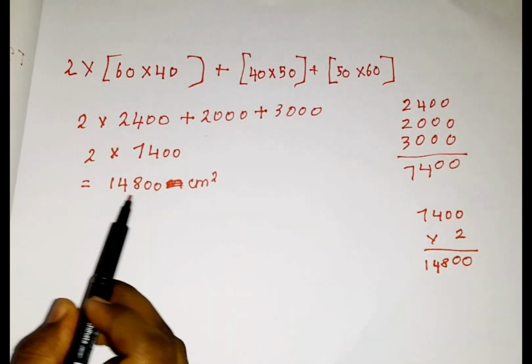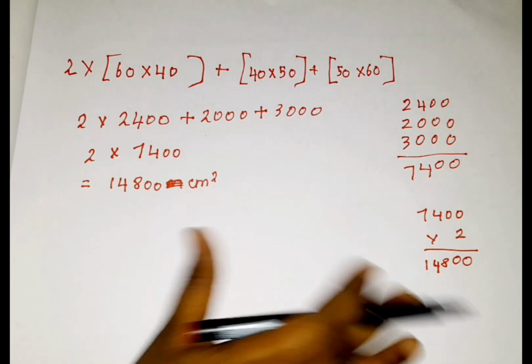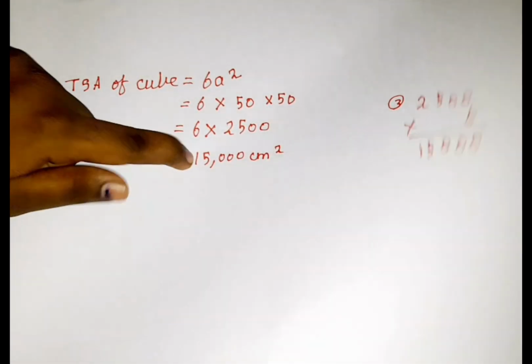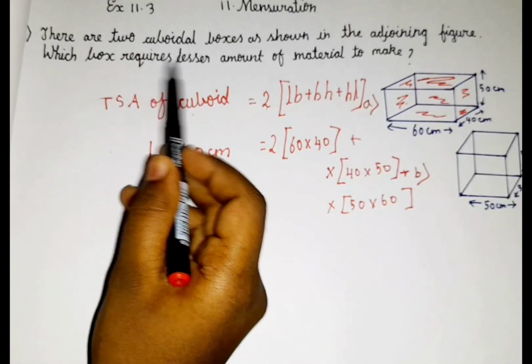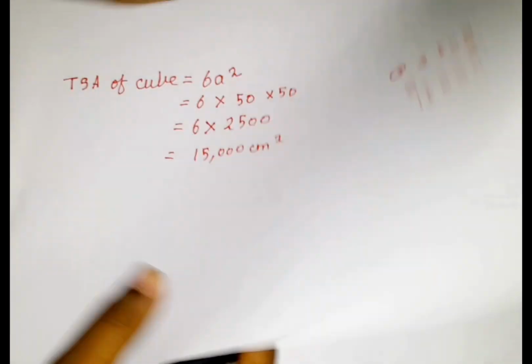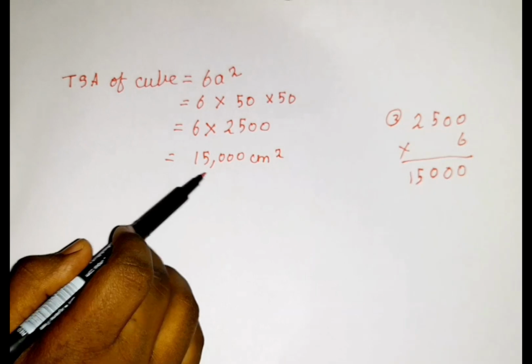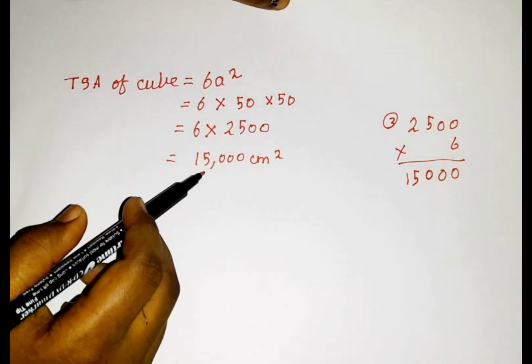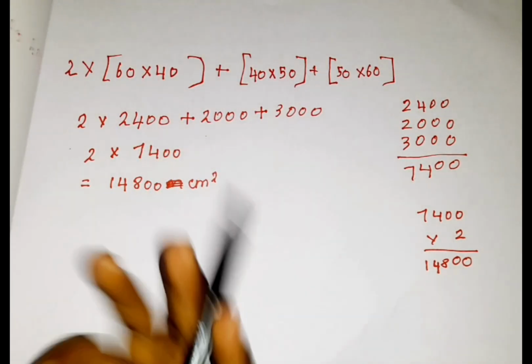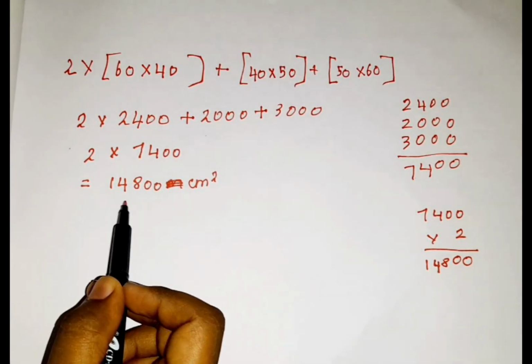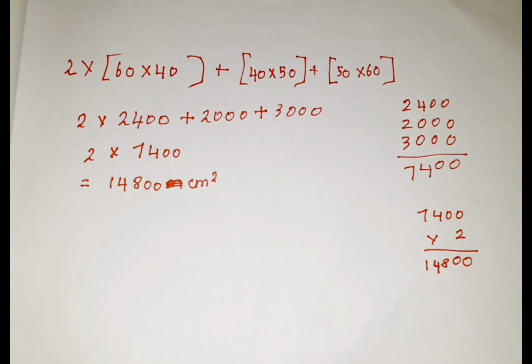Now we are going to see which one is having the larger area. Here we have 14,800 and here we have 15,000, am I right? In the question they asked which box requires a lesser amount. The larger area is the cube's TSA value. So what is the lesser area? Lesser TSA, yeah, lesser TSA is the cuboid's value.